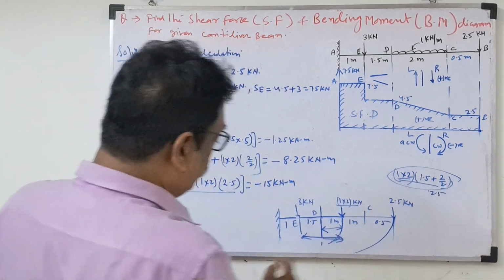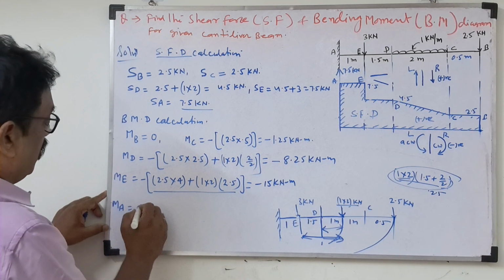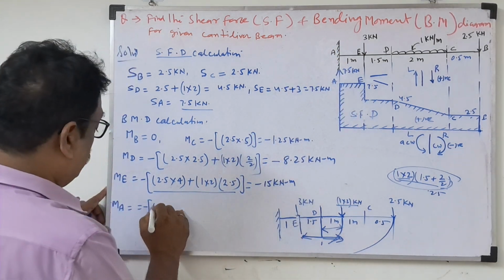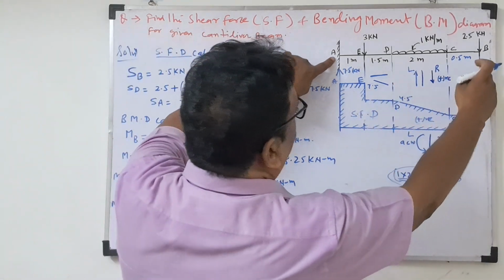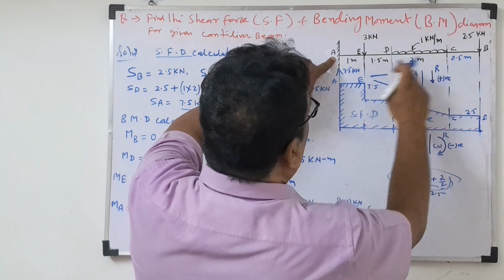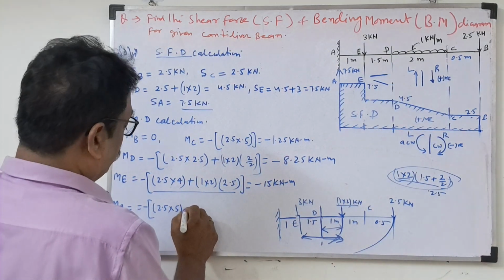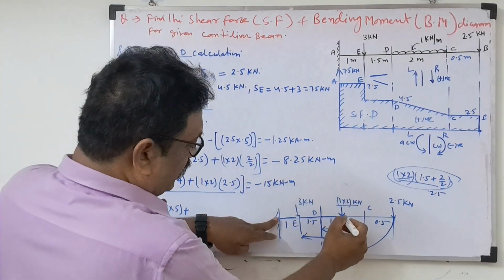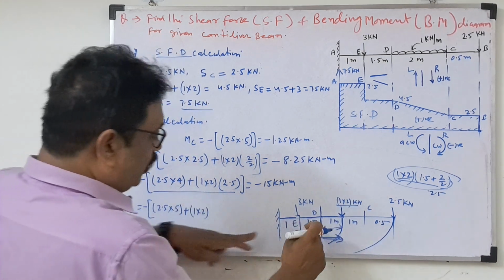If you go this way, it will be easy for you. Now I am taking moment about A. You look here how it will come. First negative 2.5 you take. Total distance from A, how much? 2 plus 2, 4 and 5. Total distance is 5, plus UDL I am taking. So the 1.2 load you convert first, 1.2 load into perpendicular distance.